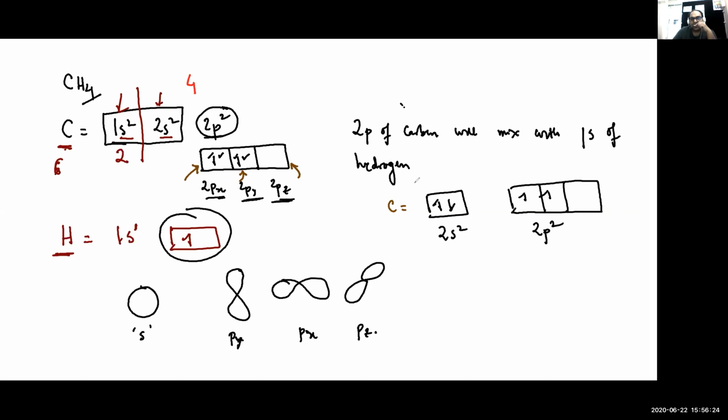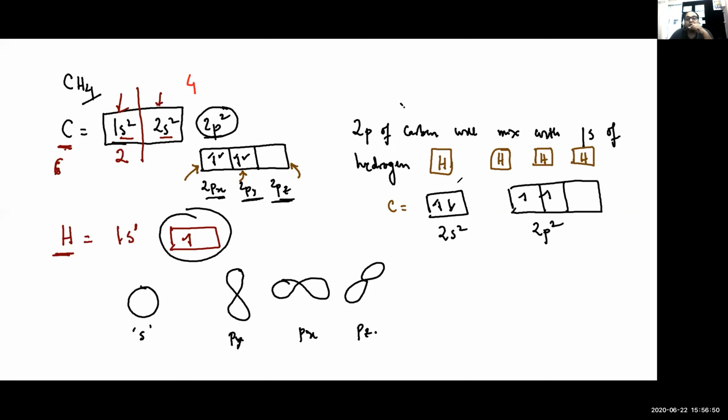So when 4 hydrogens are trying to come in, and do what? Bond, with the valence electron, and form bonds. Very good.